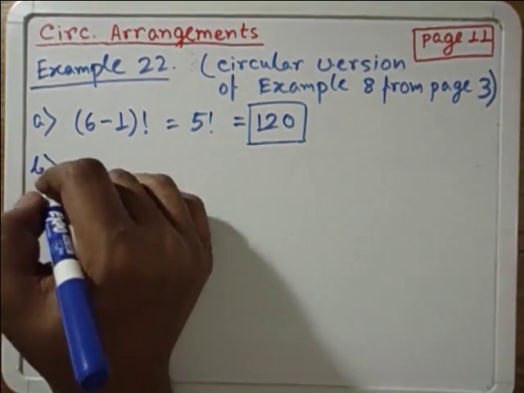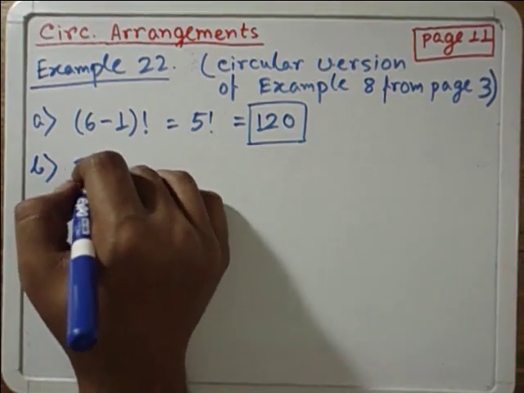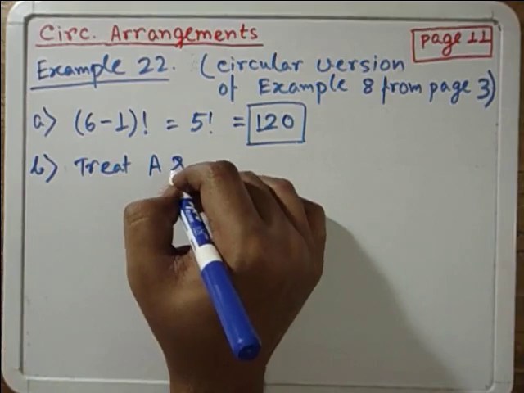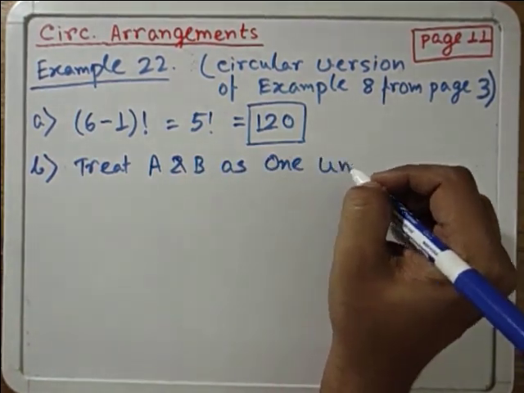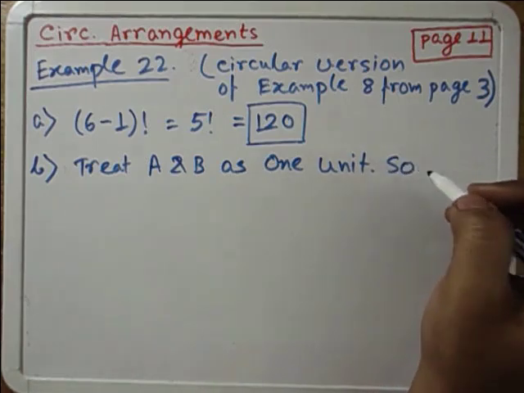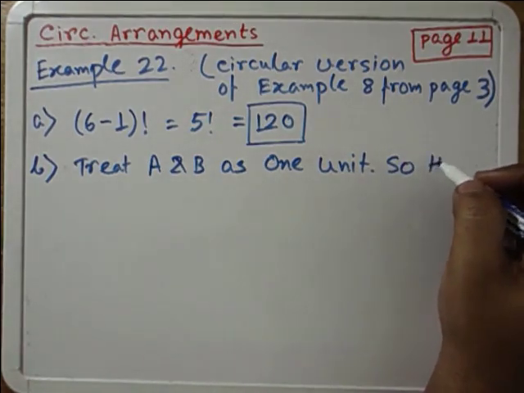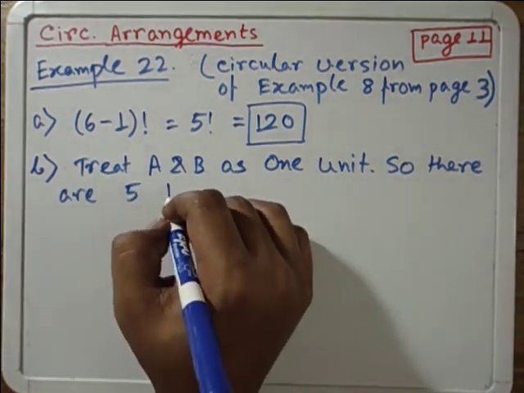Part B. So that Alice and Bob are side by side. We know how to do this type of problem. Treat Alice and Bob as one unit. So how many units are there in total? There are 5 total units.